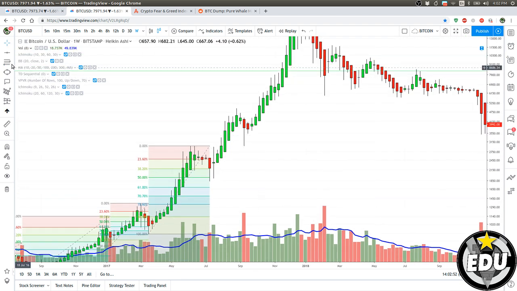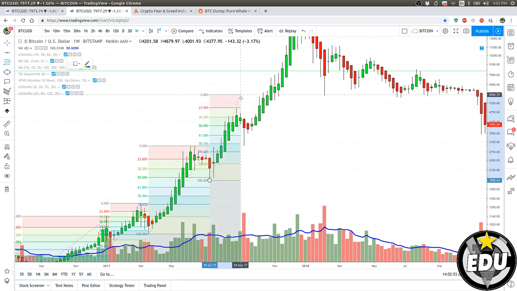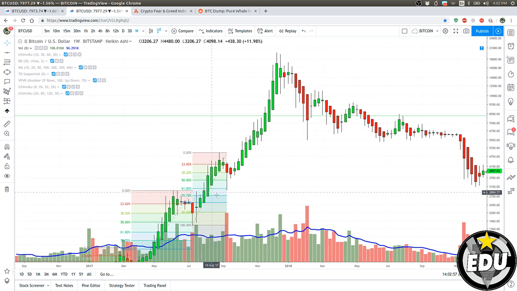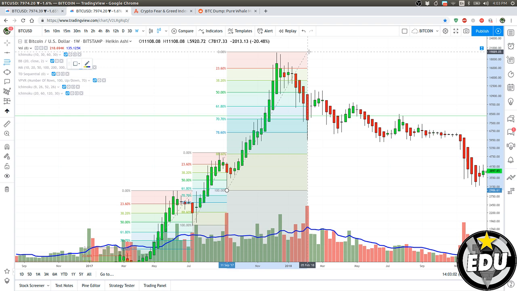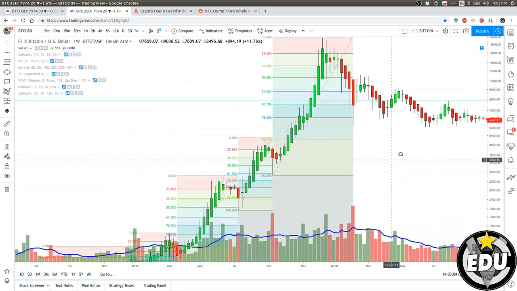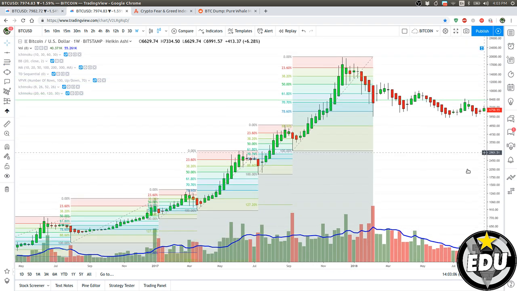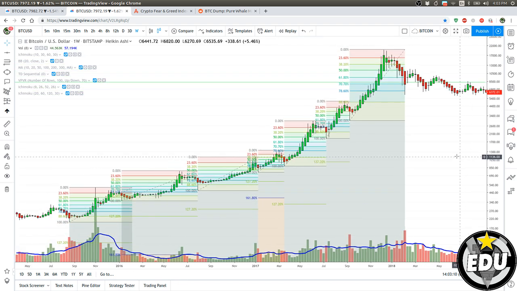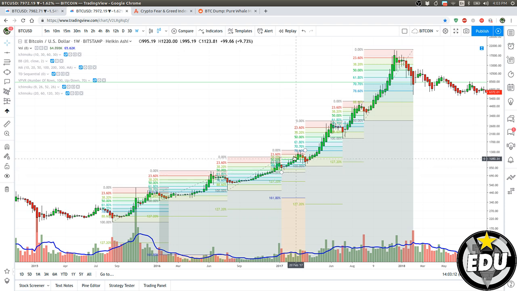So every time it went up, there was one time that it dropped 50 or 60%, 60%, and 78%, and then it dumped hard. So how many times did it drop 50%? 1, 2, 3, 4, 5, 6, 7 times.